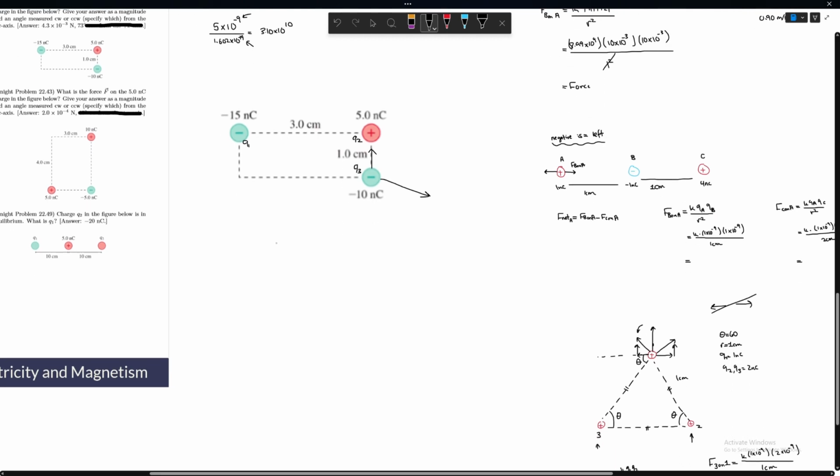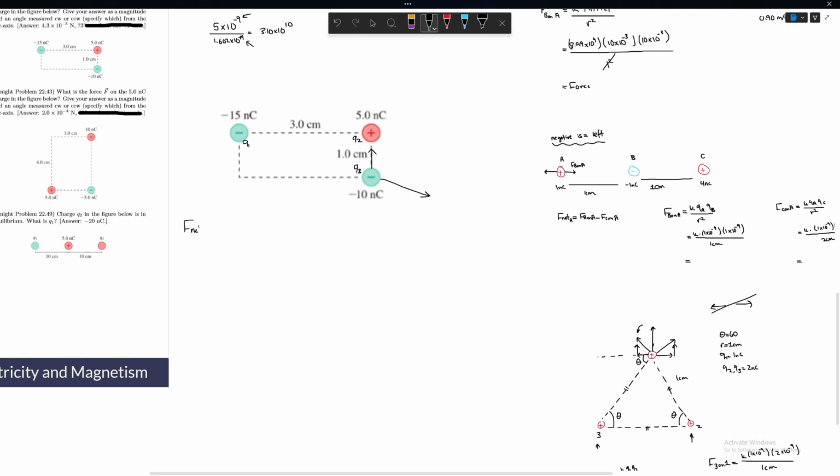They're looking for the force on Q3, so the net force on Q3 equals the force 1 on 3 and the force 2 on 3. We just take these vectors and add them up: F2 on 3 plus F1 on 3. That's our net force.